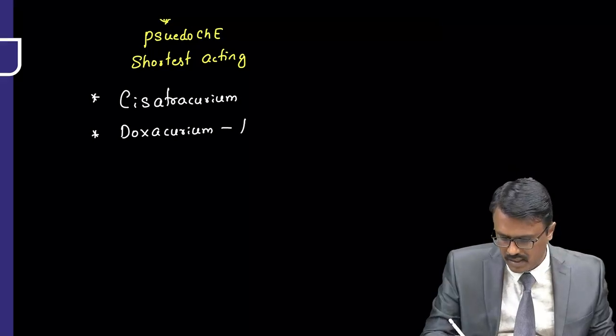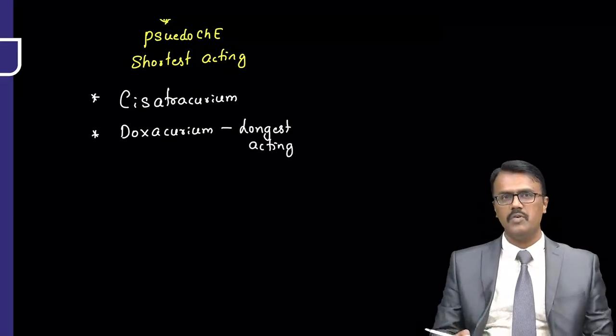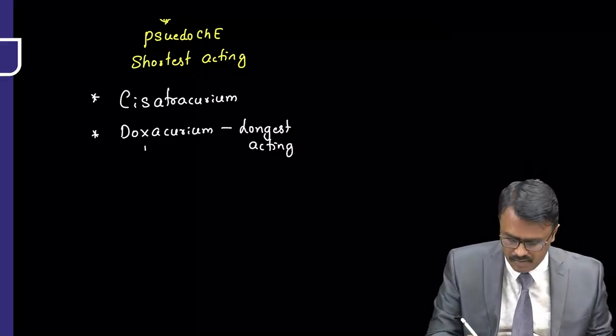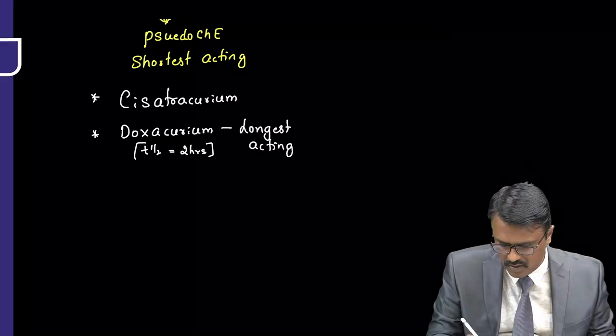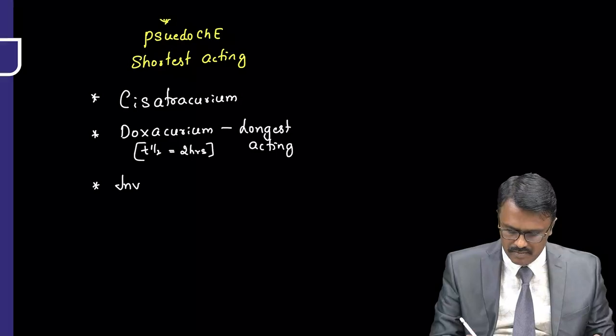Doxacurium is the longest acting drug. It is the longest acting in this category. So the shortest acting is mivacurium. Doxacurium is the longest acting. So it has the half-life around 2 hours. The name is doxacurium. And the last one, it is still an investigational drug.